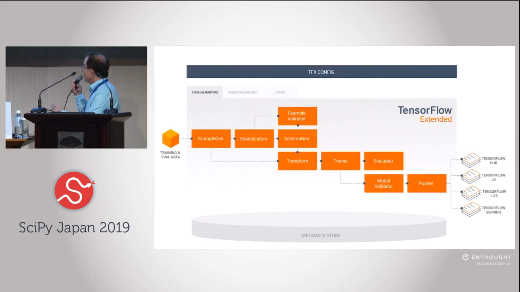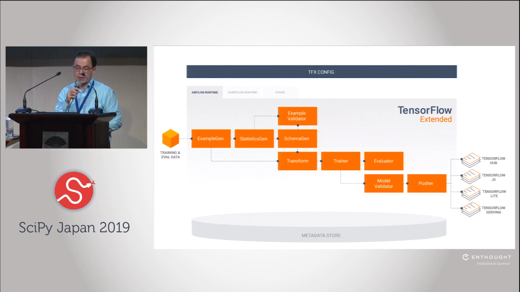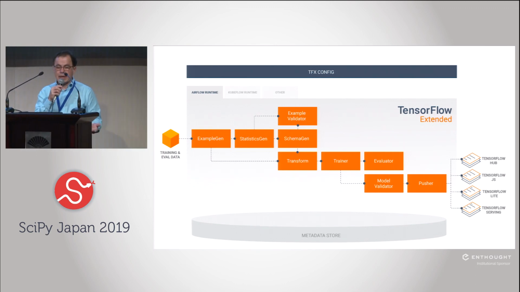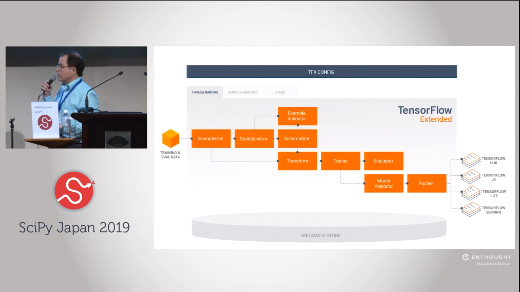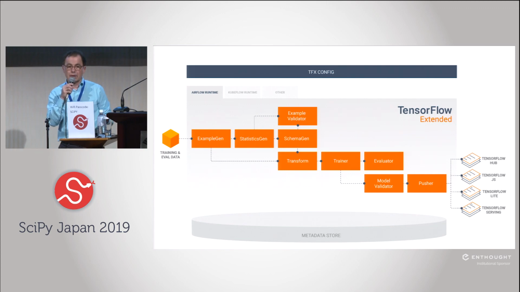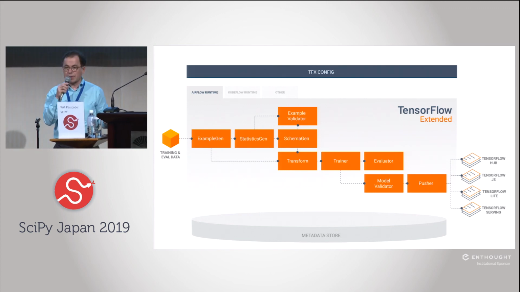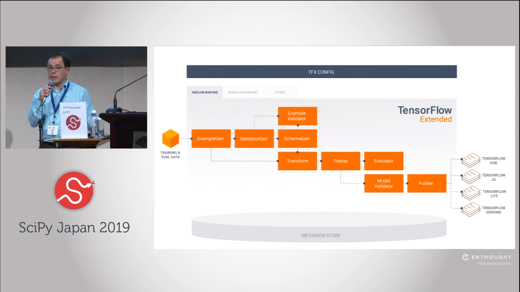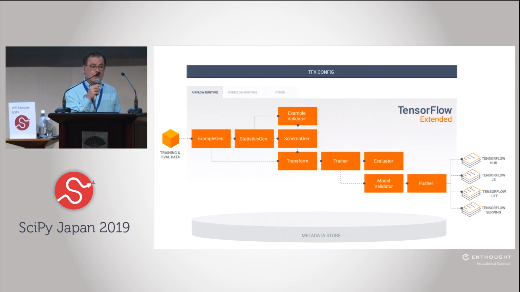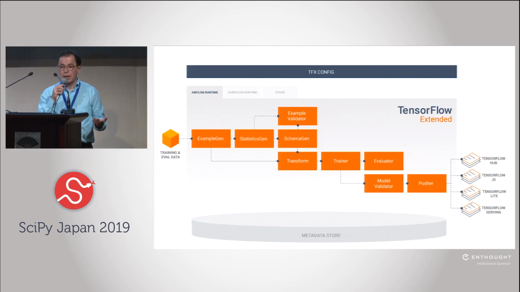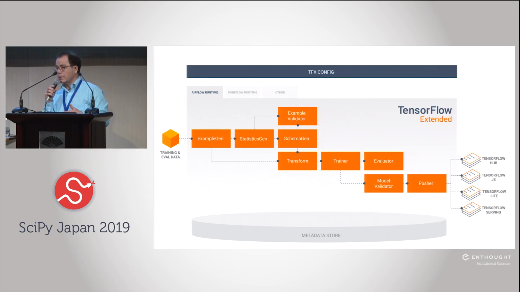And when you have it all implemented, this is what it looks like. You read in data, you use the ExampleGen component to convert it to TFRecord format. You use the StatsGen component to create statistics across it that help you understand your data. SchemaGen looks at the columns or types of your features and creates a schema that you can alter if you need to, but it's going to infer a schema and get you started.